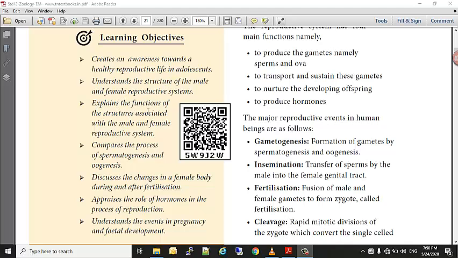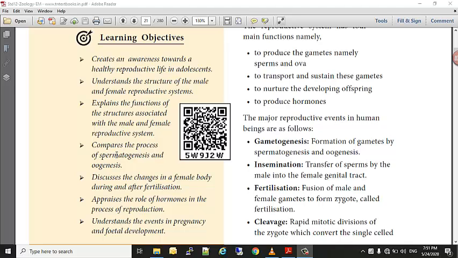It also explains the functions and structures associated with the male and female reproductive system. Apart from the structure, we will study the physiological functions, some hormonal changes and changes in the organs. All these topics will be covered and you will get a clear idea of the functions associated with the male and female reproductive system.